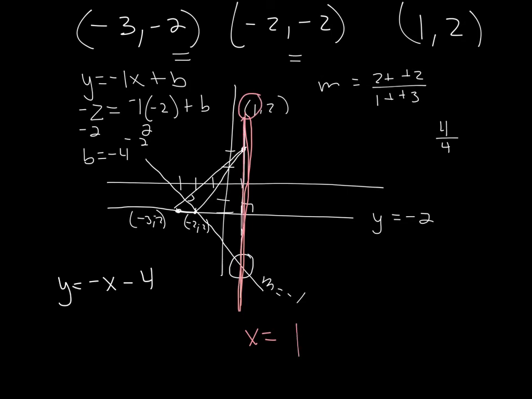X equals 1. So I'm going to plug 1 into my equation and find my y. So I get y equals -1 minus 4. What's -1 minus 4? -5. So x is 1, y is -5. So my orthocenter is the point 1, -5.